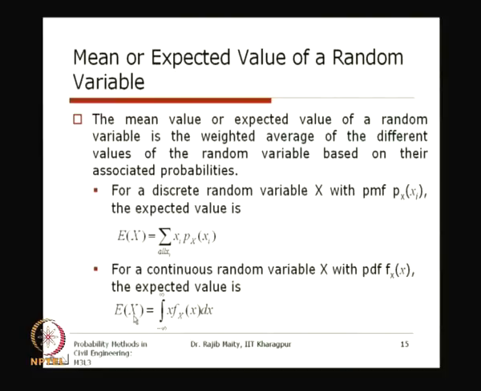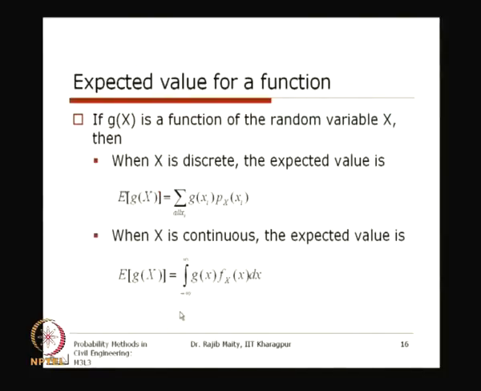The function of the random variable will be discussed in subsequent classes, but what we are trying to say here is that the expected value can be obtained for any other function of that random variable as well, simply by replacing this x by that function. Here gx is a function of the random variable x.